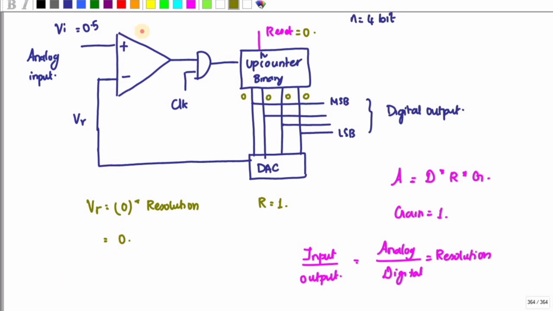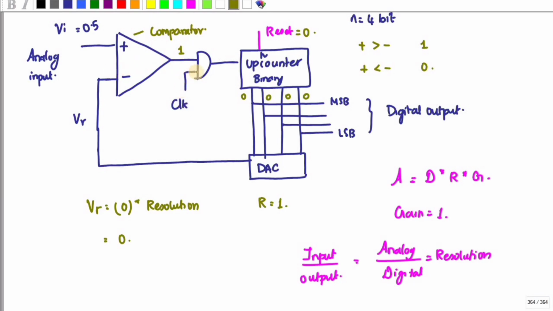Since it is a comparator, if the plus value is greater than the minus value, my output goes to 1. If the plus value is less than the minus value, the output goes to 0. Here you can see 0.5 is greater than 0, so my output goes to 1.